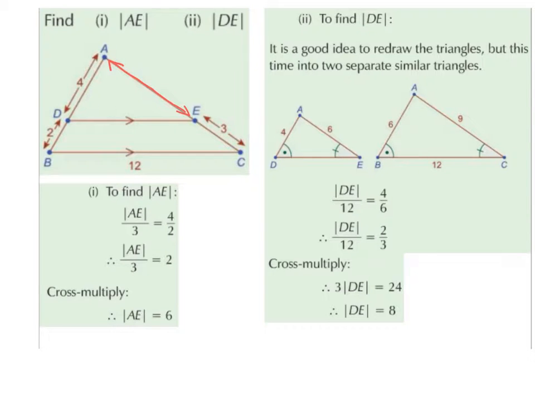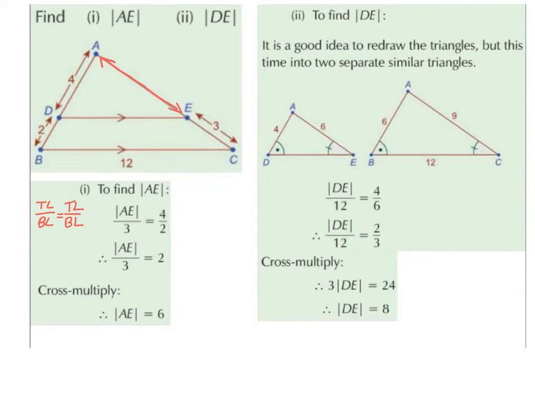So we know what the top length is on the left, and we know what the bottom length is on the left, and we know what the bottom length is on the right, and we're trying to find the top length on the right. So we can use our formula, top length divided by bottom length equals top length divided by bottom length.